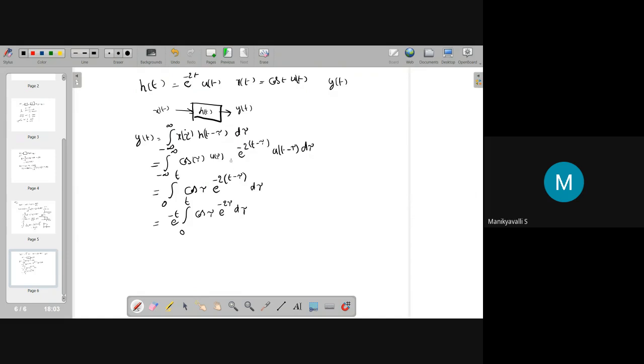You know the formula: the integral of e to the power of at cos bt dt is equal to e to the power of at by a square plus b square into a cos bt plus b sin bt, right? Now apply the same formula here.